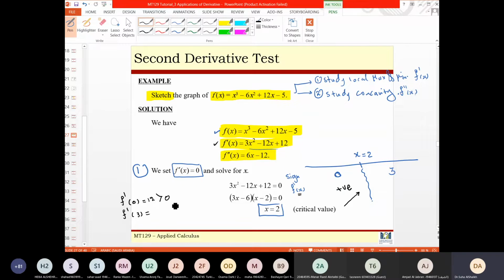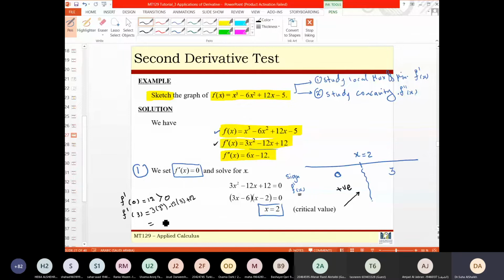What about at 3? This will be 3 multiplied by the 9, which is 3 squared. Let me write it with details, and you help me with the calculation. This will be 3 squared minus 12 multiplied by 3 plus 12.